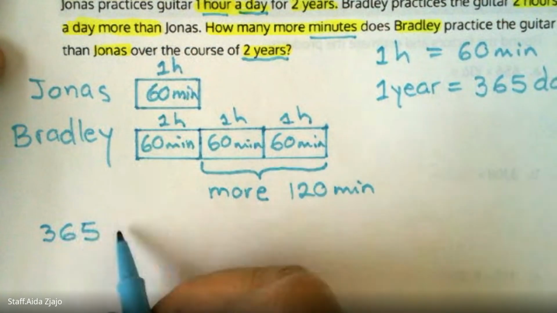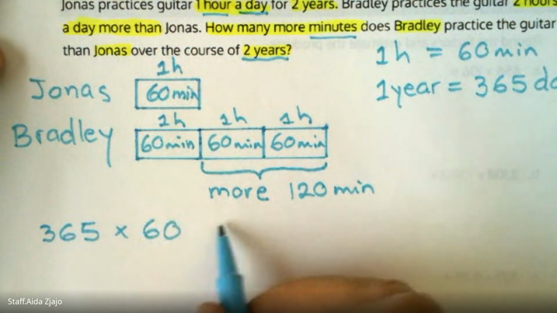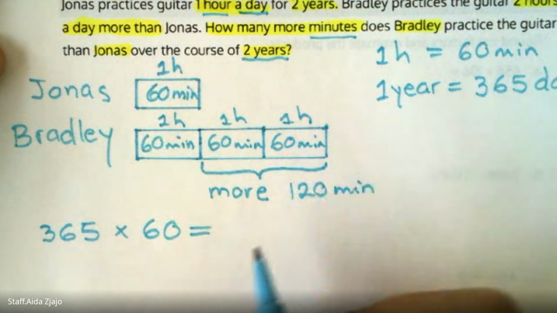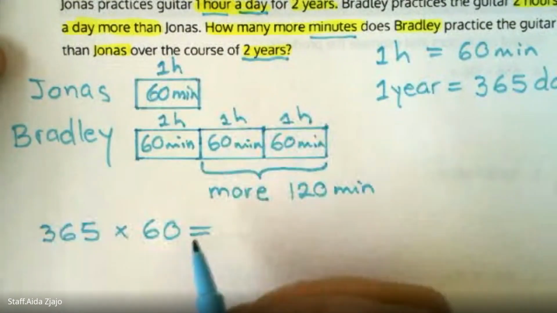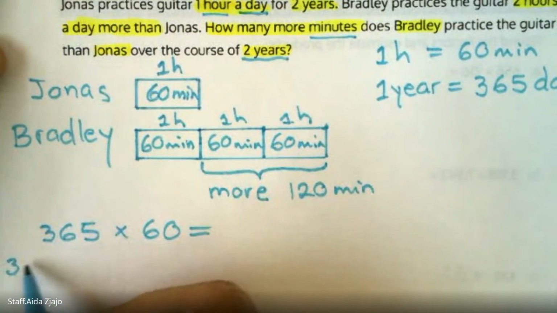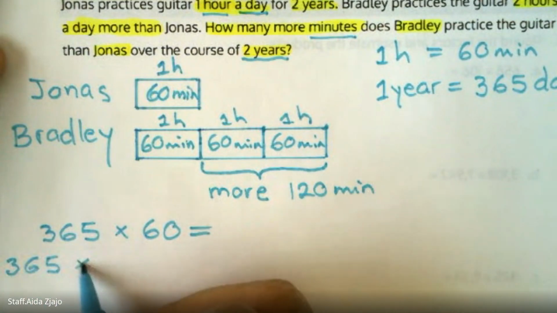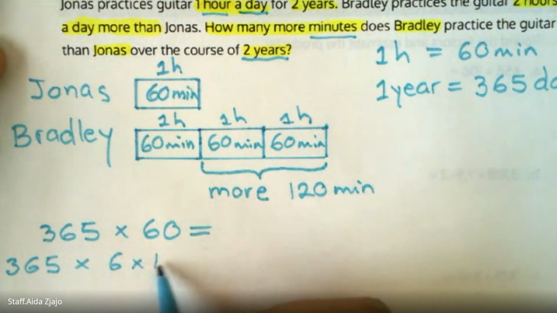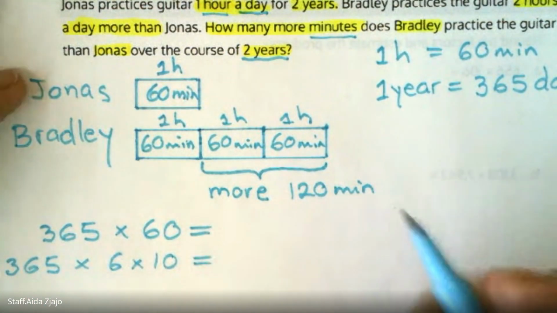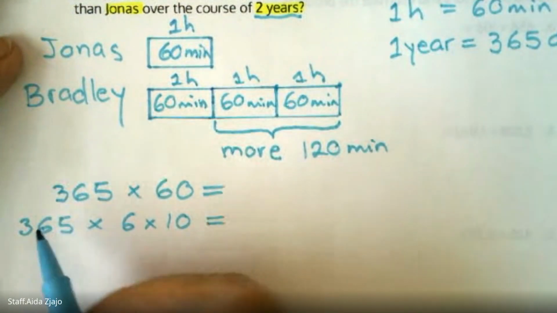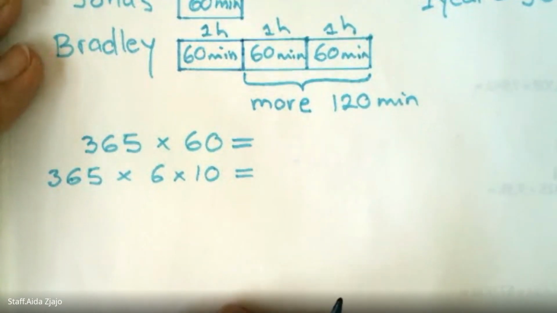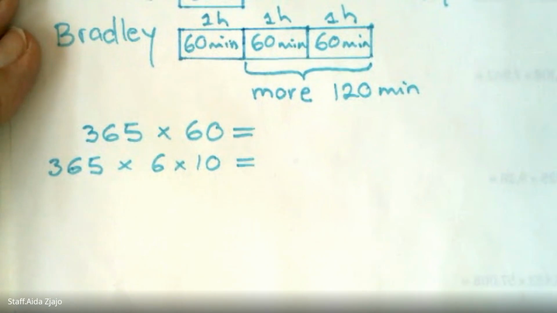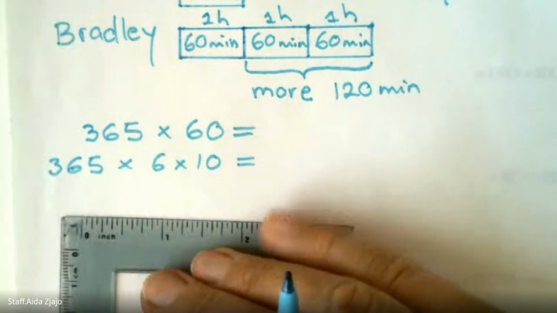We can see this as 365 times 6 times 10. So we can do that strategy: 365 times 6 and then times 10. If you like to use the standard algorithm, you can, but you can also use an area model if that's easier for you.